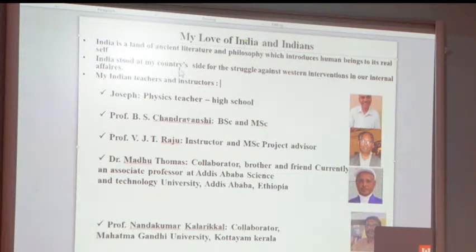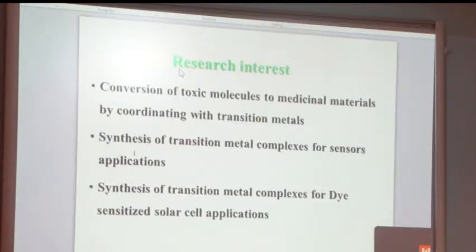When I joined the university for my BSc, I got a very lovely instructor, Professor B.S. Chandravanshi in analytical chemistry, who taught me BSc and MSc. And Professor Vijay Raju, my instructor and project advisor in my MSc programs.